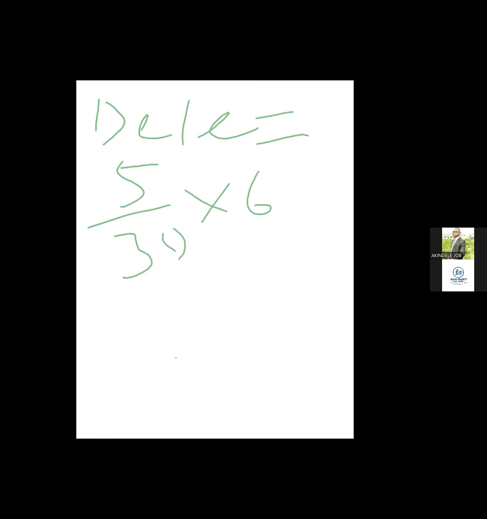Let's say the first one is Daily. Daily will be equal to the score of Daily over the total score, which is 30, multiplied by 360.